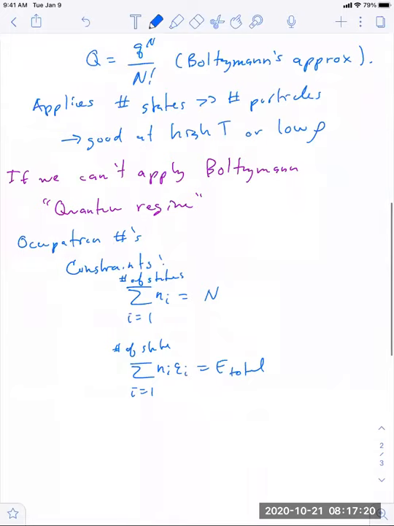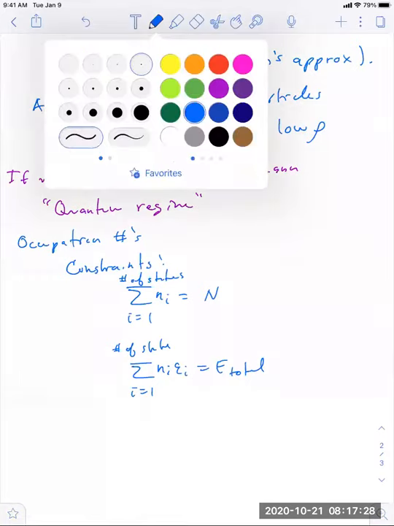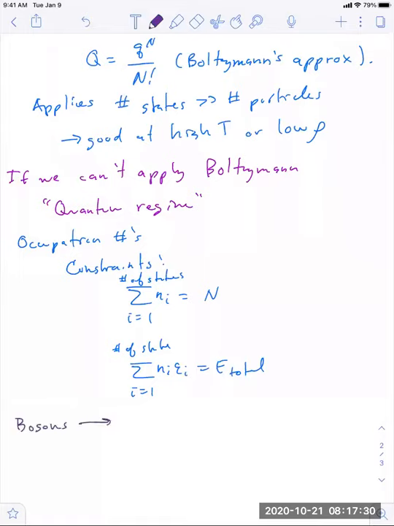Now there are two kinds of particles, and the main difference between these two types is the maximum number of occupations. So what's the maximum number of particles that can sit in any one state?